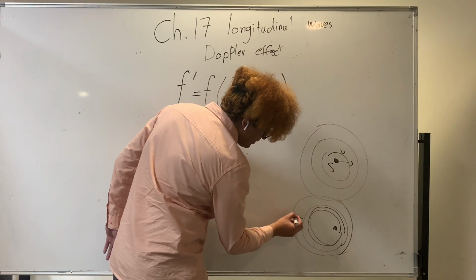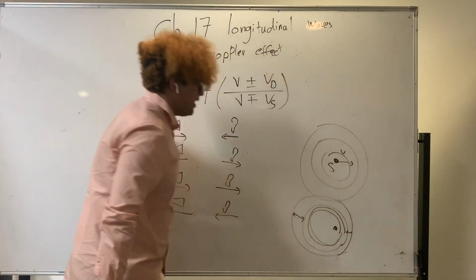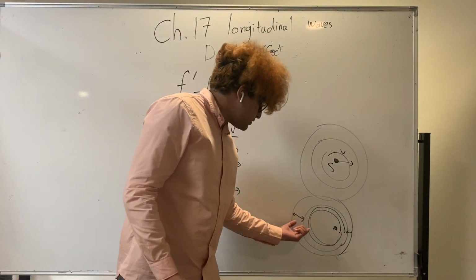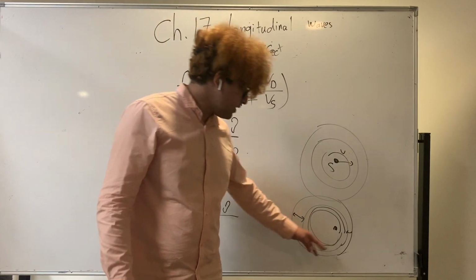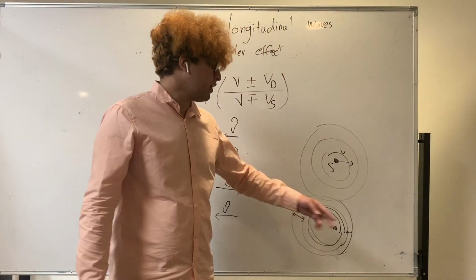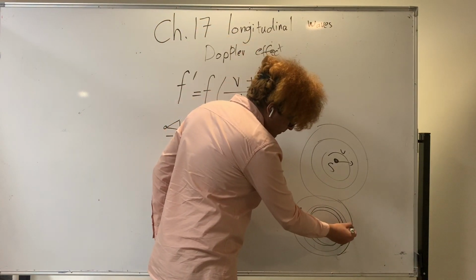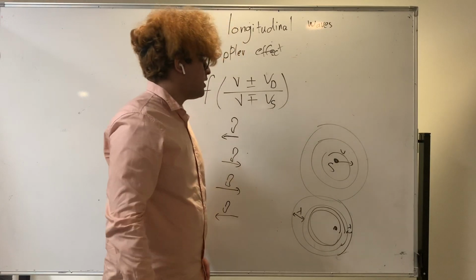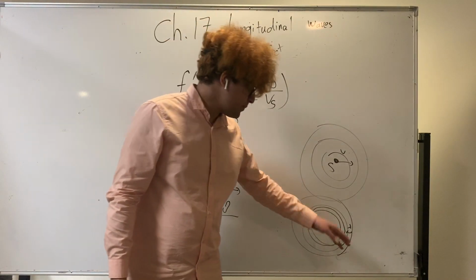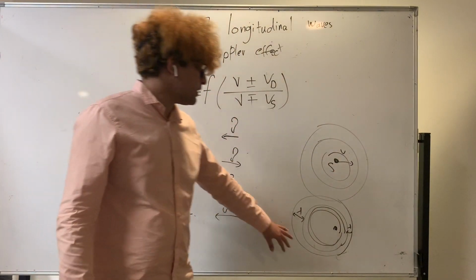This distance right here is larger than the distance right here, which means that the frequency on the left side is going to be less than the frequency on the right side, or the direction of travel. So this distance is lambda, basically. So as the lambda decreases, frequency increases. So the idea behind the Doppler effect is something like this.